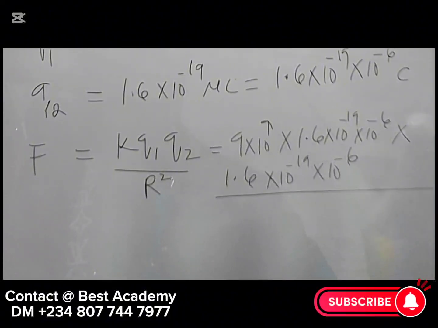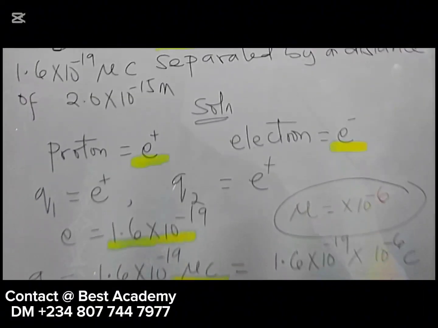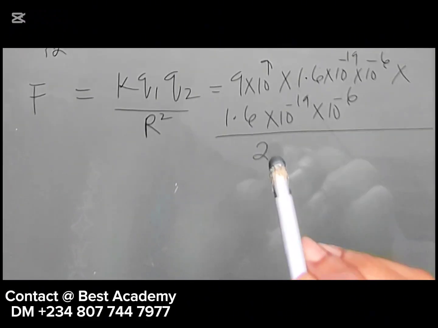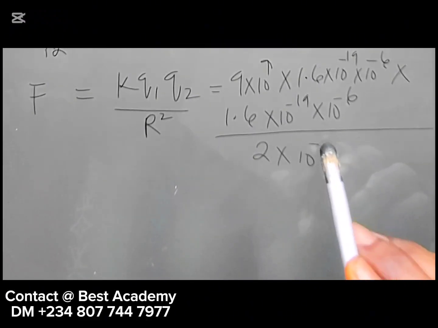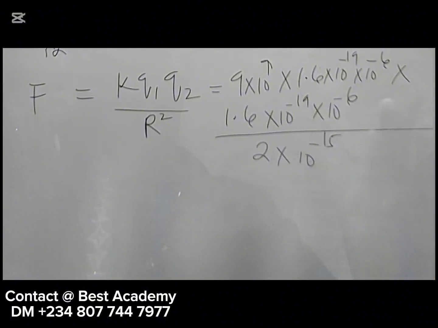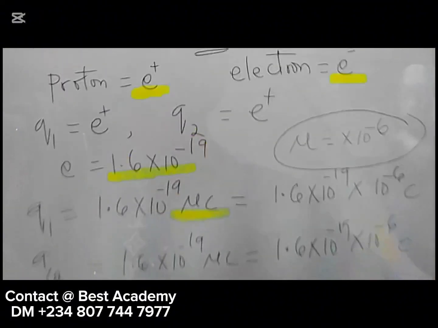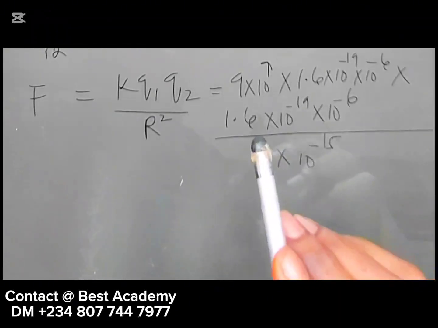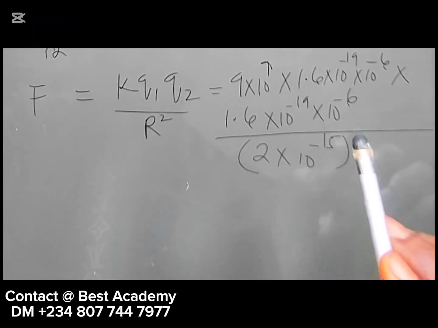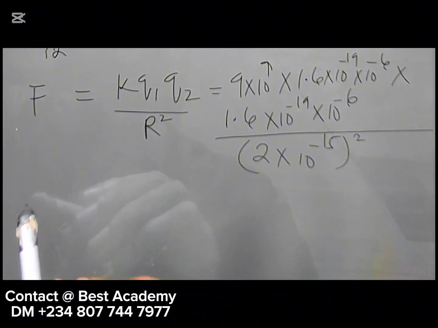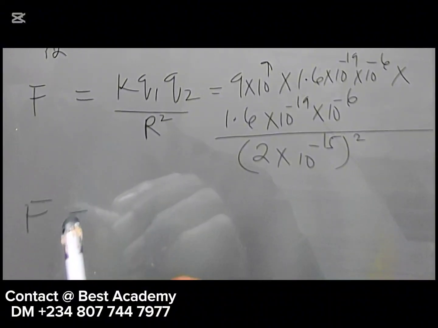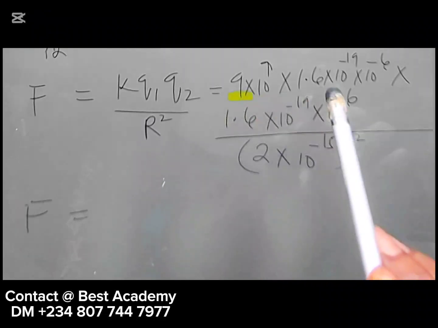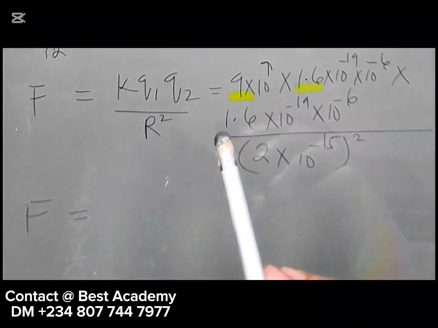Let's look into the question to check the distance. The distance given to us is 2 times 10 to the power of minus 15. Please just be careful. 2.0 is the same thing as 2. So replacing that, we have this here. Now remember, all squared. So punch your calculator. Our F is going to be equal to, so what you have to do here is multiply this with this.